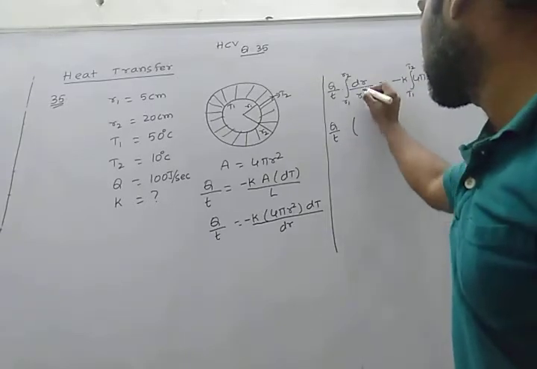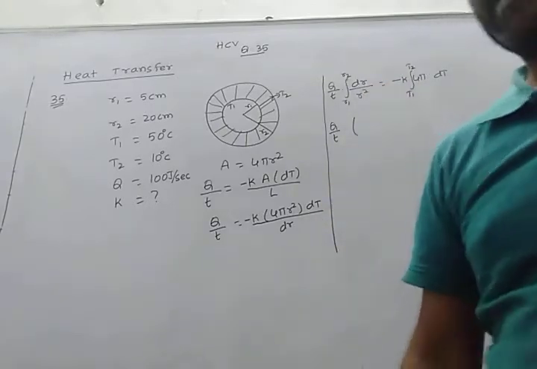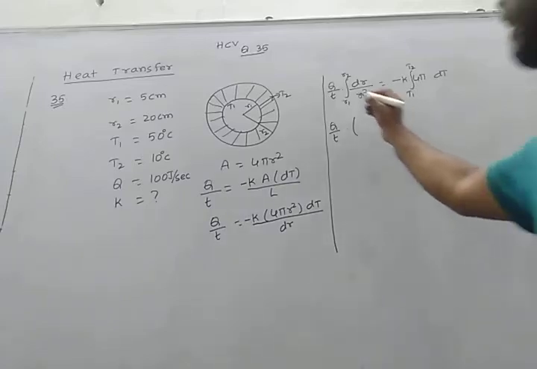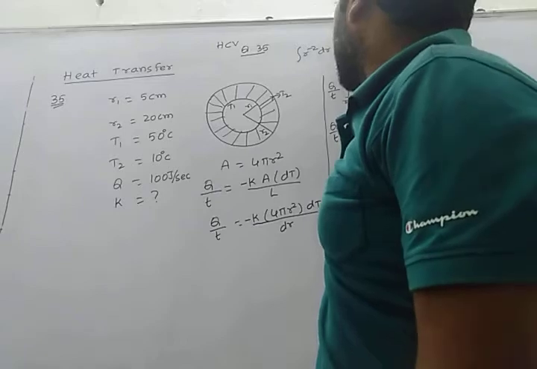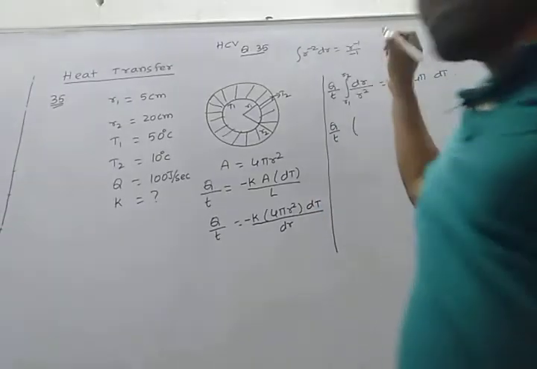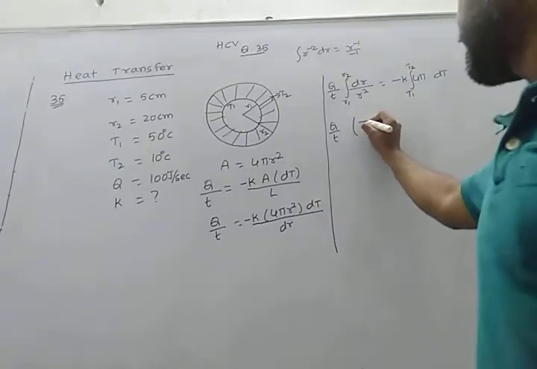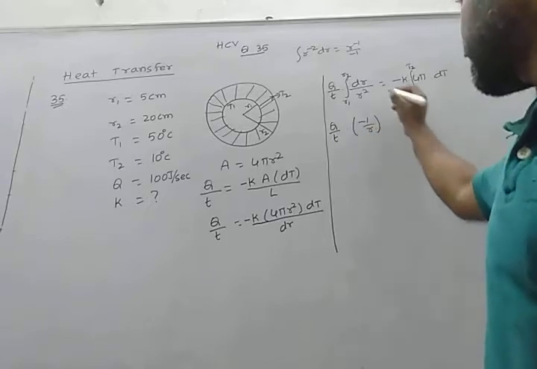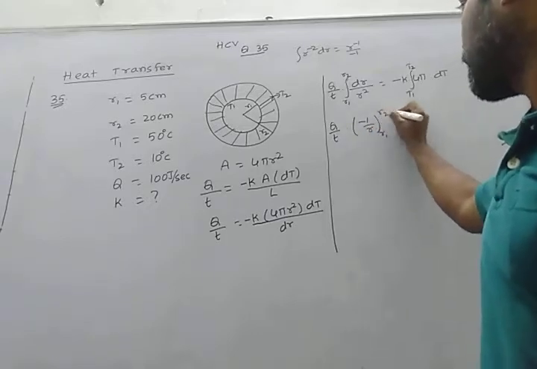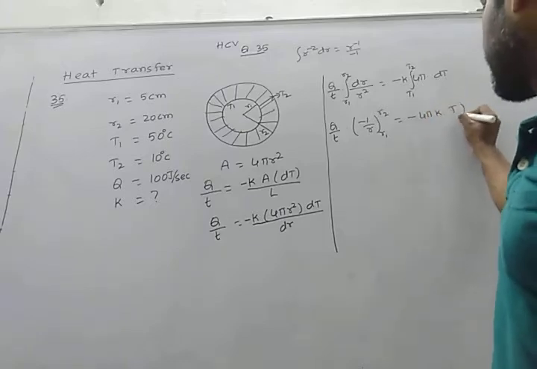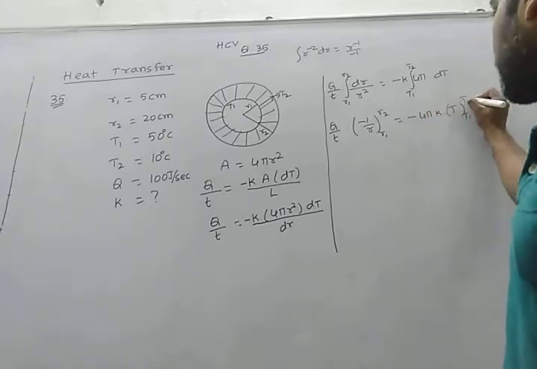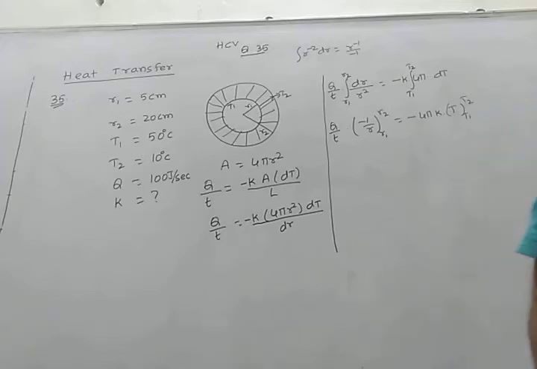So Q by t into the integral of 1 by r square dr, I can write as the integral of r power minus 2 dr, that is r power minus 1 by minus 1. So I can write minus 1 by r between the values R1 to R2, equals minus 4 pi K into the temperature integral, T1 to T2.